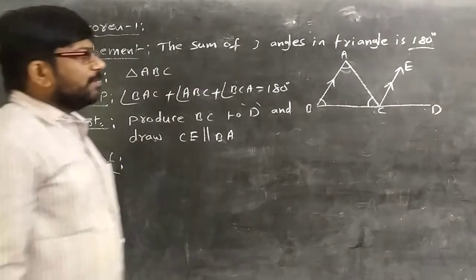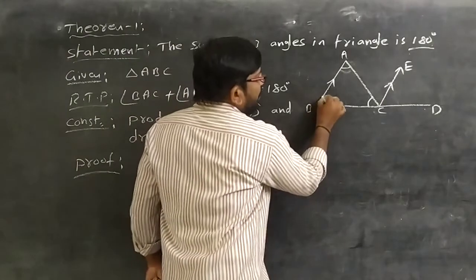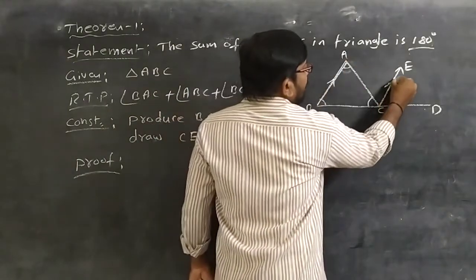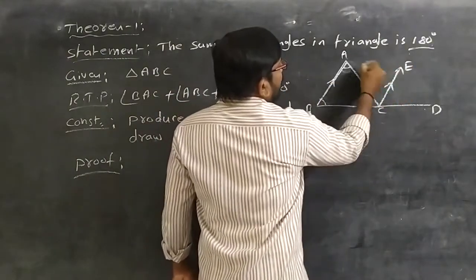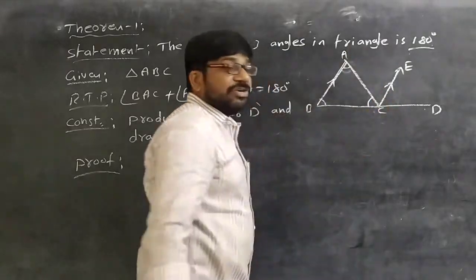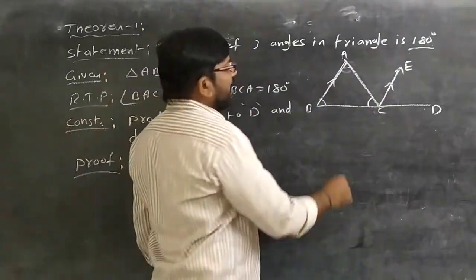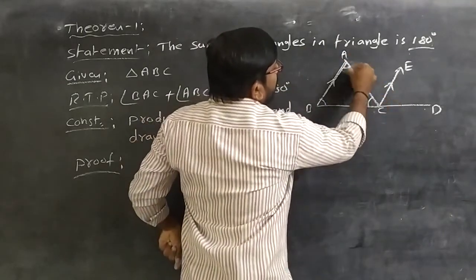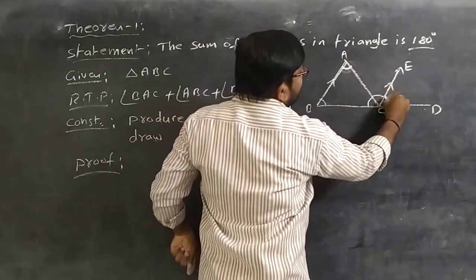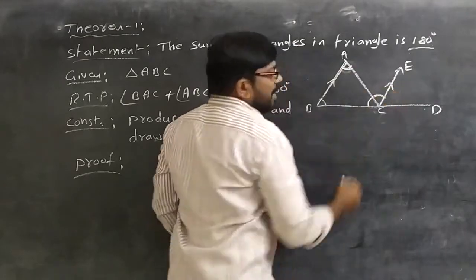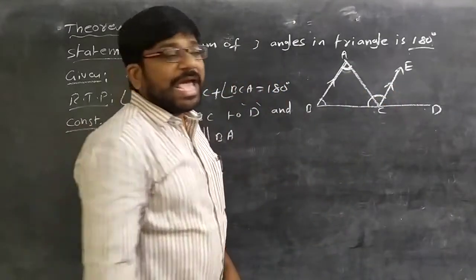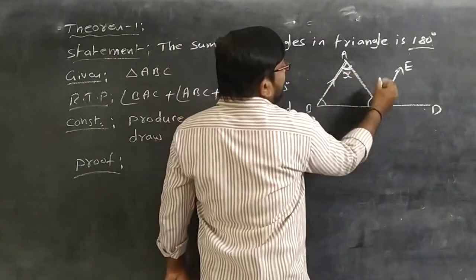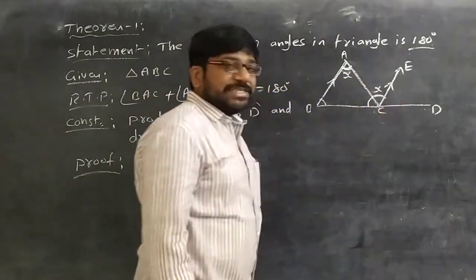Observe carefully. Since BA is parallel to CE, what about AC? That is a transversal. Since these two are parallel, it is a transversal. These two angles are alternate interior angles. If it is X, then this is also X, right?